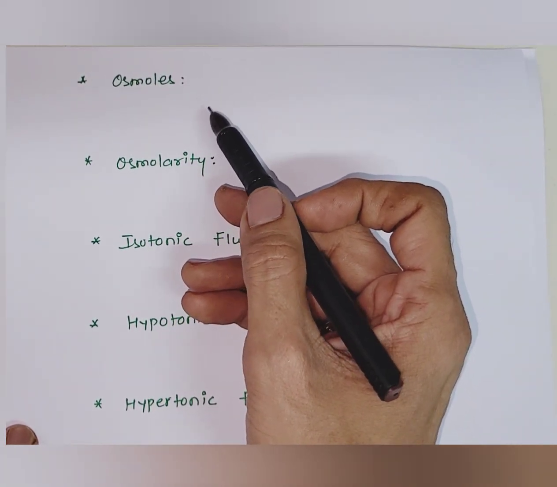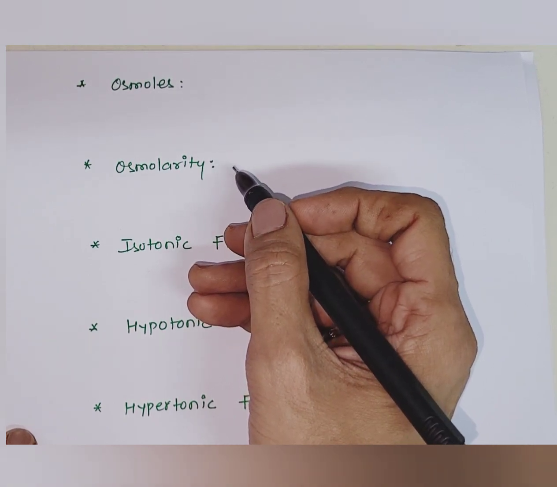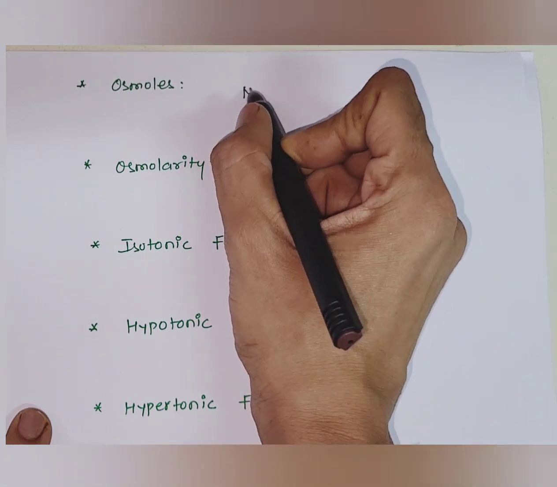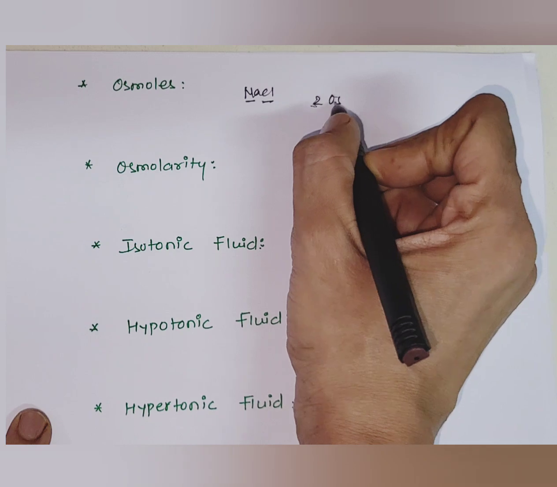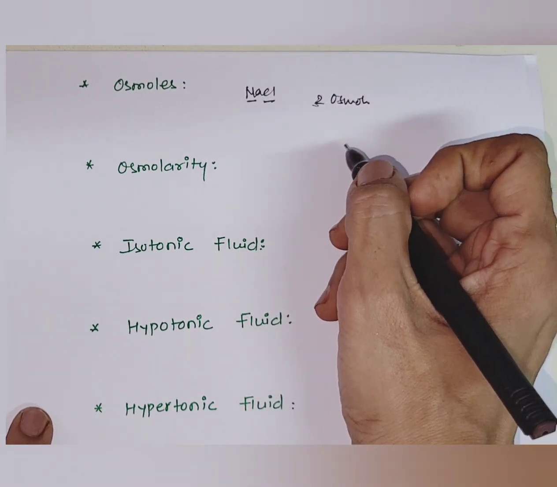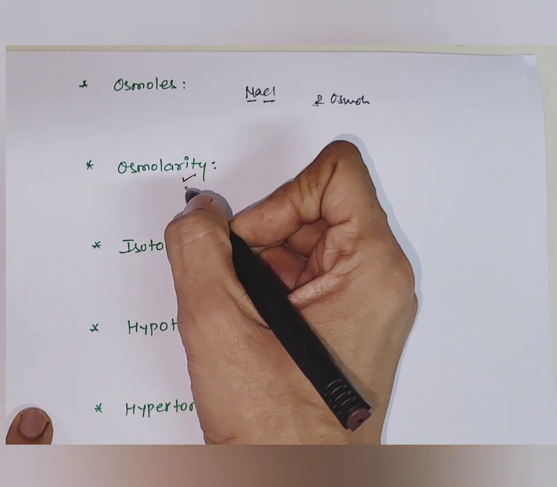One more terminology here is osmole. What is osmole? That is molecular weight of substance in gram divided by number of freely moving particles. For example, if we have a molar solution of sodium chloride, it has got sodium and chloride, so it is 2 osmole. Okay, one is sodium and one is chloride. Now what are osmolarity and osmolality? That is also important terminology.